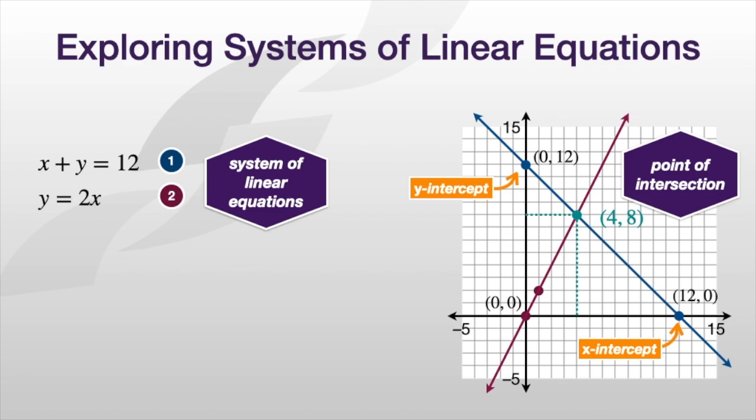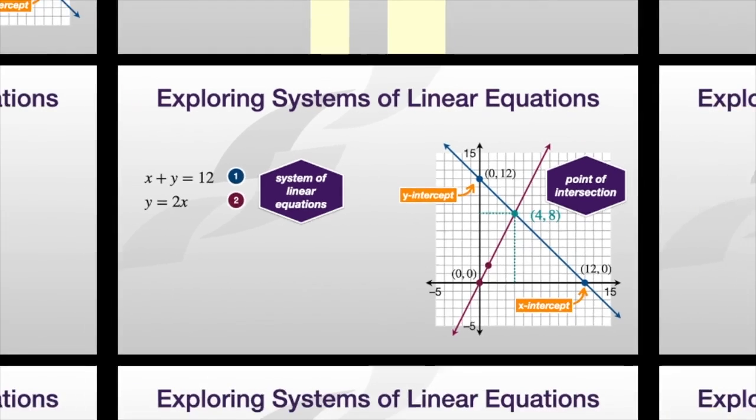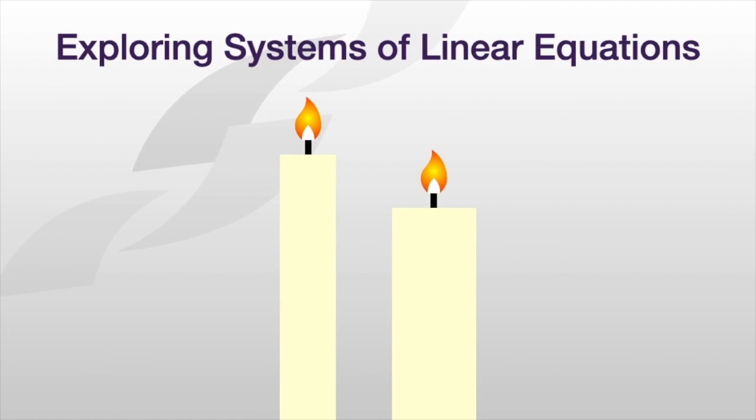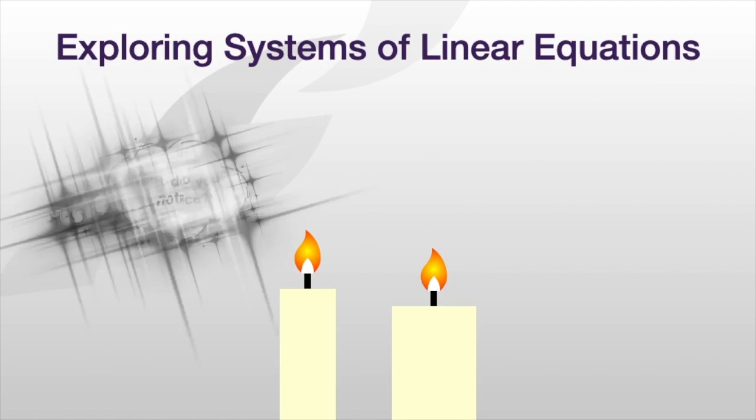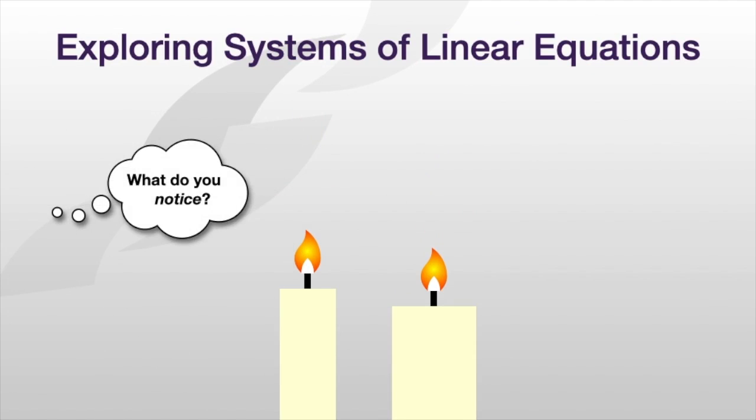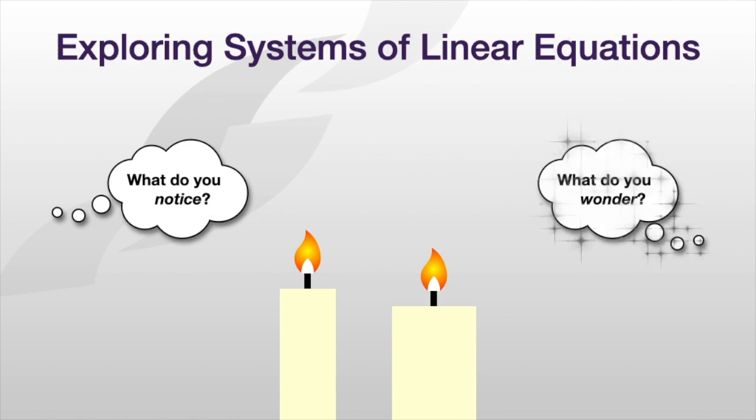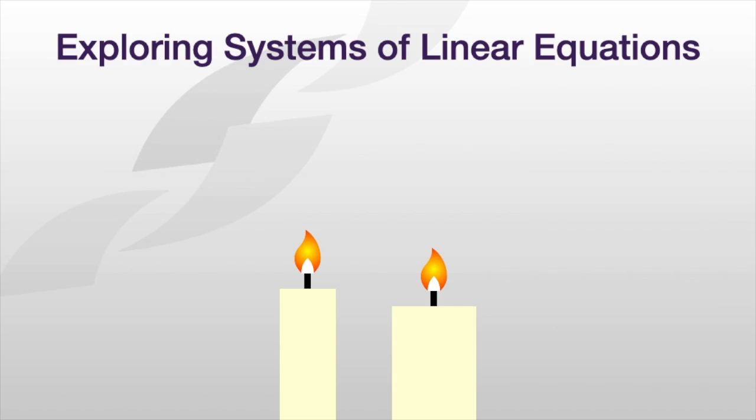Next, we'll explore a scenario that can be modeled by a system of linear equations. Look closely at the two candles. What do you notice? What observations can you make? What do you wonder? What questions do you have? I'll back up and play the animation again.